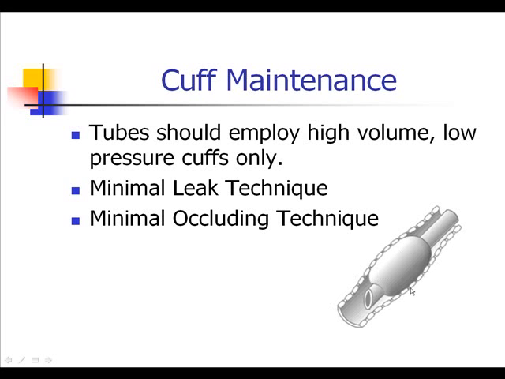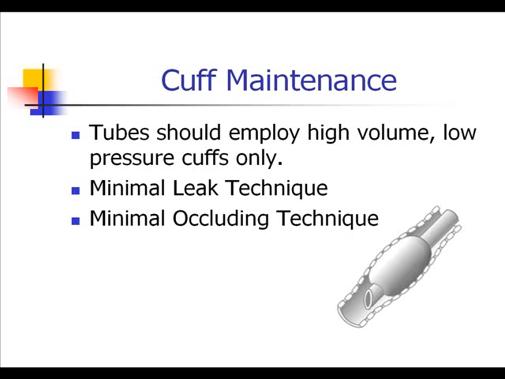And so we typically like to use high volume, low pressure cuffs, and we will either measure the cuff pressure or we will use the minimal leak technique, which would basically allow a small leak at the end of inspiration, or minimal occluding volume, which is a very similar technique, meaning you would remove the air out of the cuff until you heard a leak and then place just enough air back in to seal the leak.